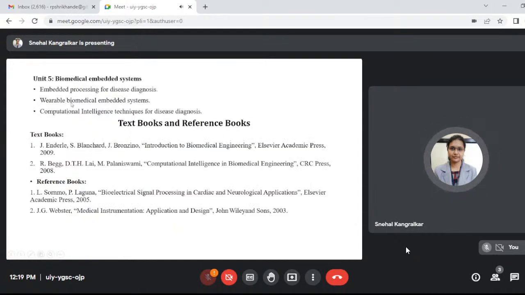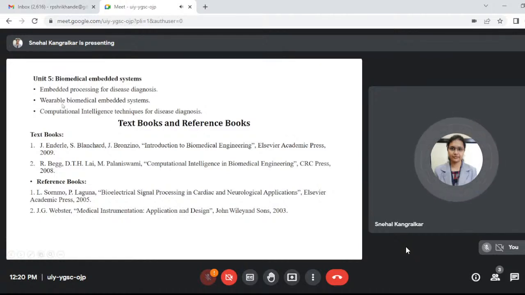Coming to unit 5, we have a filtered biosignal, which is given as an input to the core, that is, the embedded core. It can be a microprocessor or a microcontroller. So we can decide which core can be used for a particular application. Here we can also discuss wearable biomedical embedded systems. Some applications of these wearable embedded systems are the smart watch, smart gloves, smart footwear, or smart headwear.